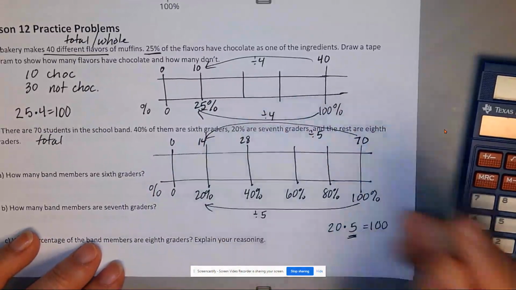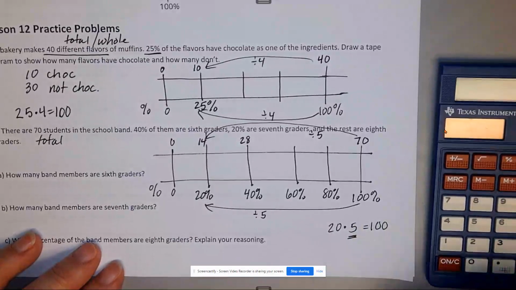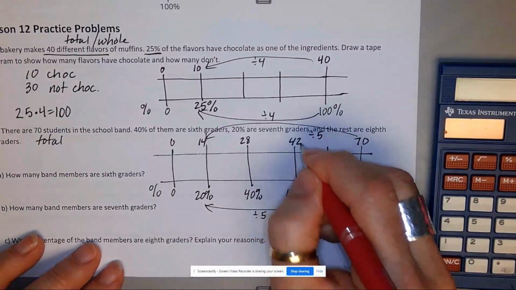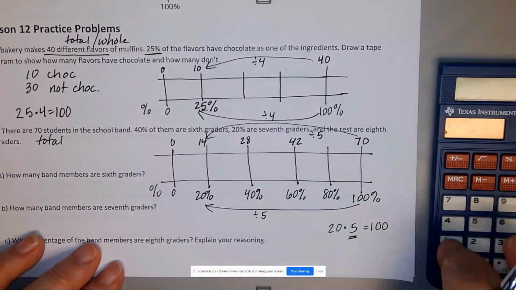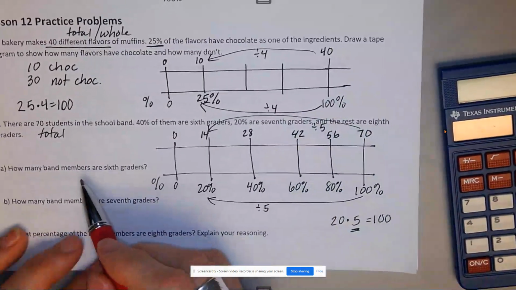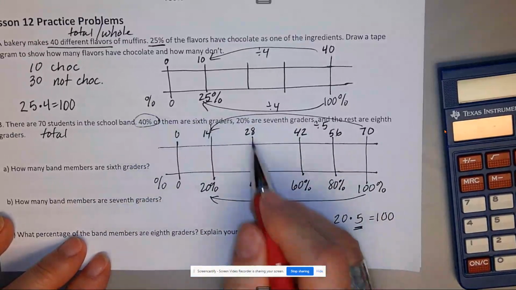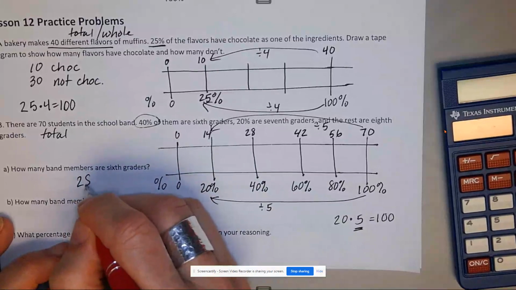That would be 28. I could do 14 times 3 to get the next one. 42. I could add another 14. 56. So how many are 6th grade? Well, 6th grade is 40%, so 28.